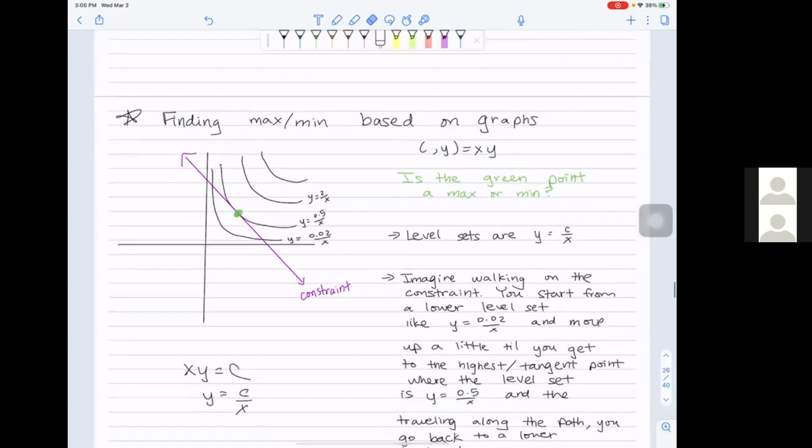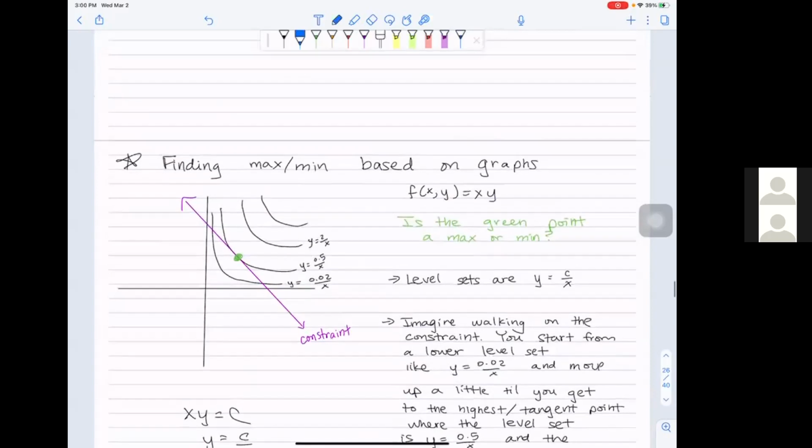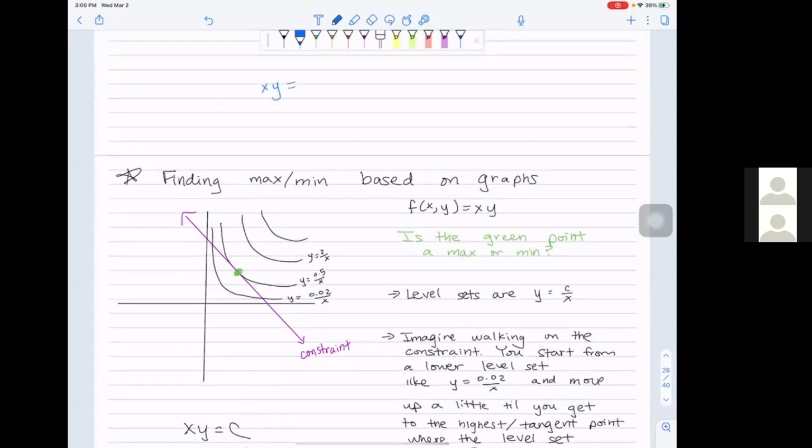So the idea is that f of x is like xy, and then you want to find the level sets. What do you do to find the level sets? You set your equation equal to c. But we don't know what xy equals c looks like, so let's solve for y. So all the level sets look like c over x. For any c over x, here in the black lines, I made those my level sets.